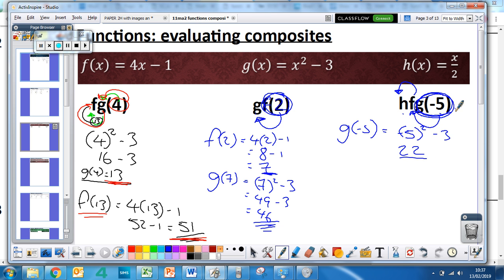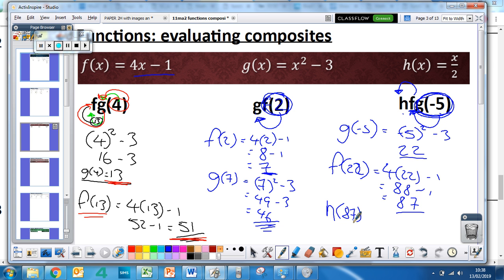We now take the 22 and put it into the second part, which is f. f of 22. Look at the functions, it's 4x minus 1. So 4 22's minus 1. So 88 minus 1. So 87. That's the second of the 3 functions used. Now we take this result and put it into h, our final of 3 steps, h of 87.